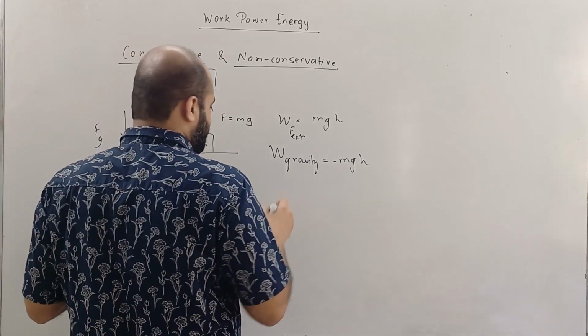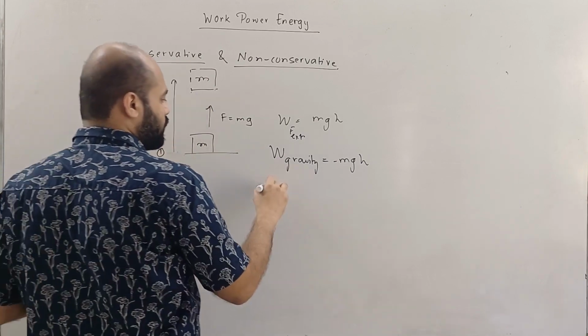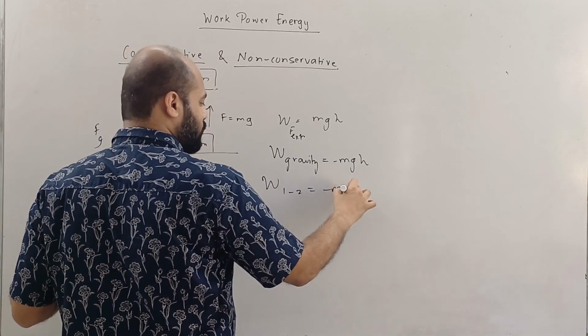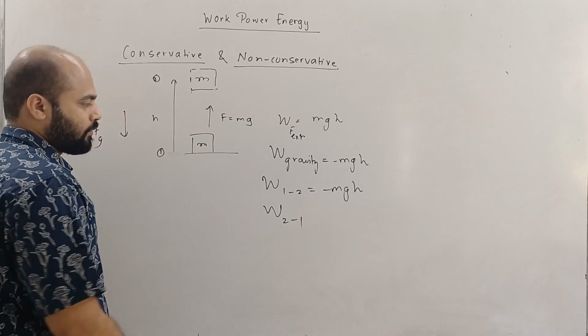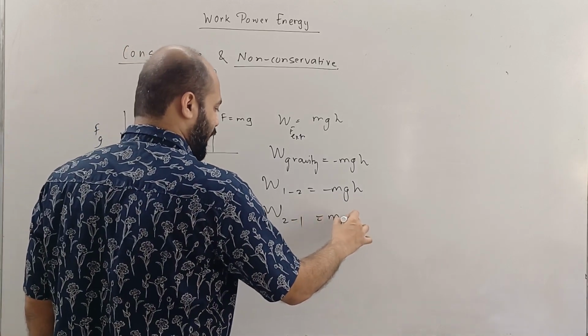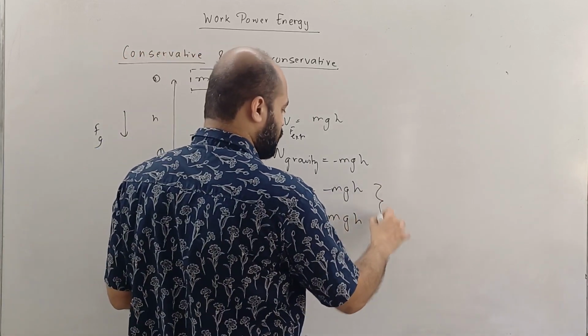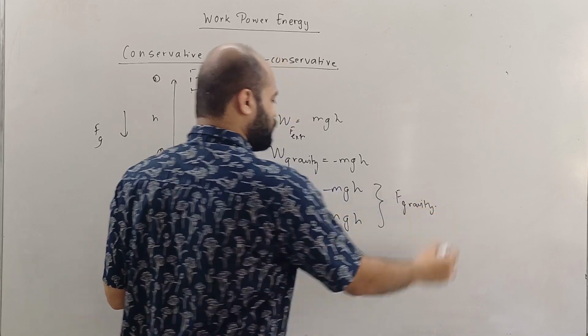Now in that case, let's call this point 1, let's call this point 2. So work done to take it from 1 to 2 is minus mgh, and work done to bring it from 2 to 1 is mgh. In either case, I am talking about the force of gravity.